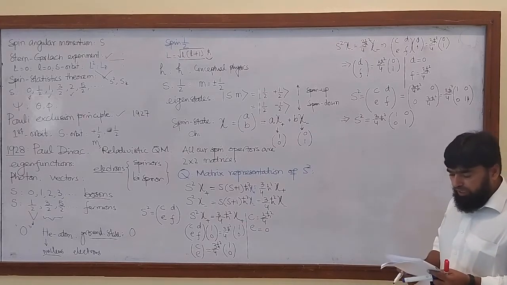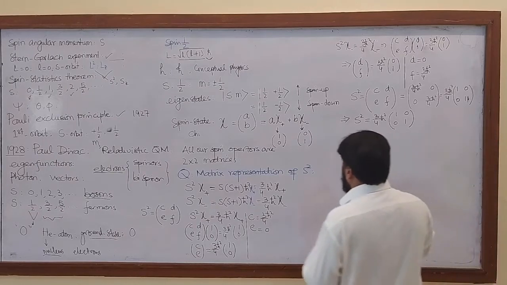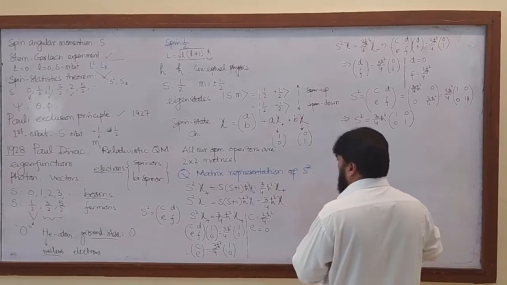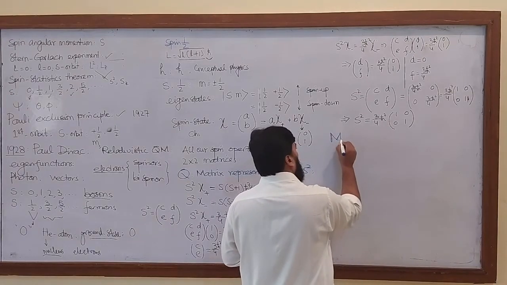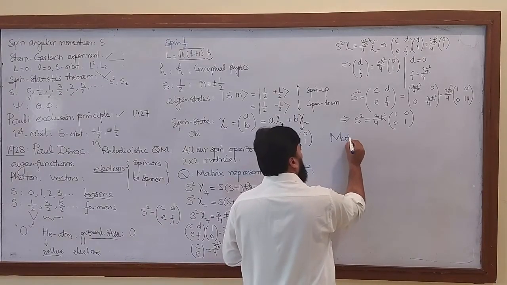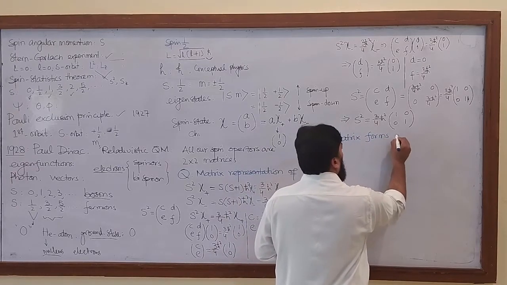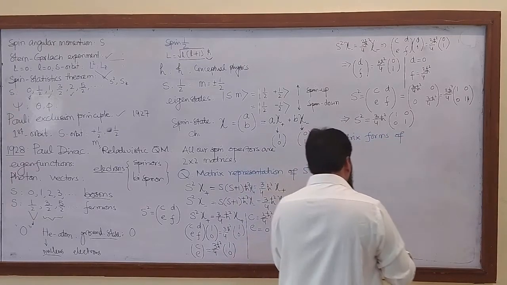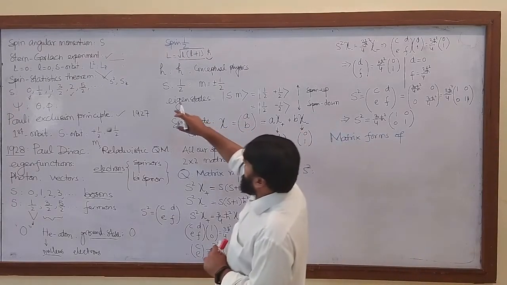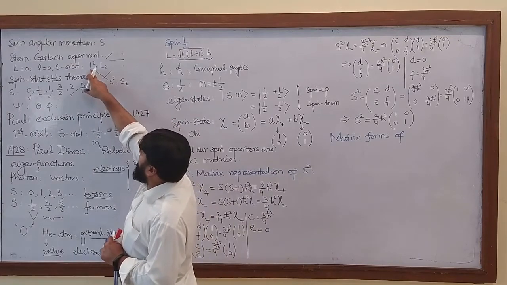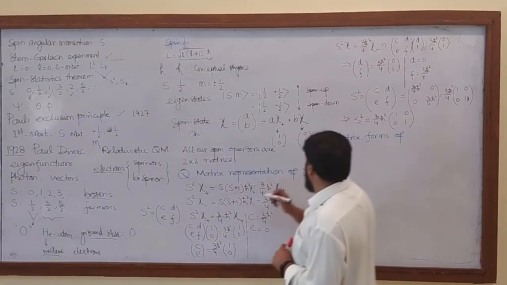Similarly, after S square, we want to find out the matrix form for SZ.